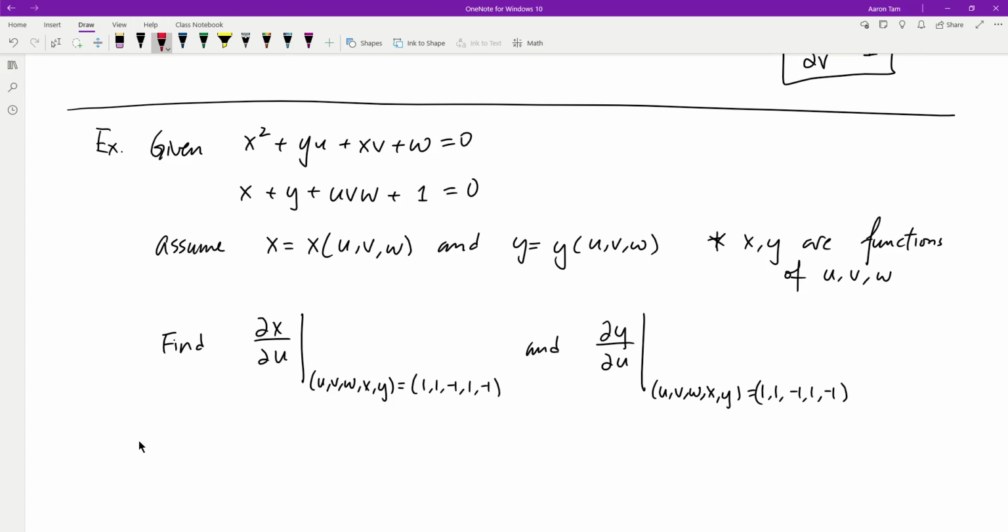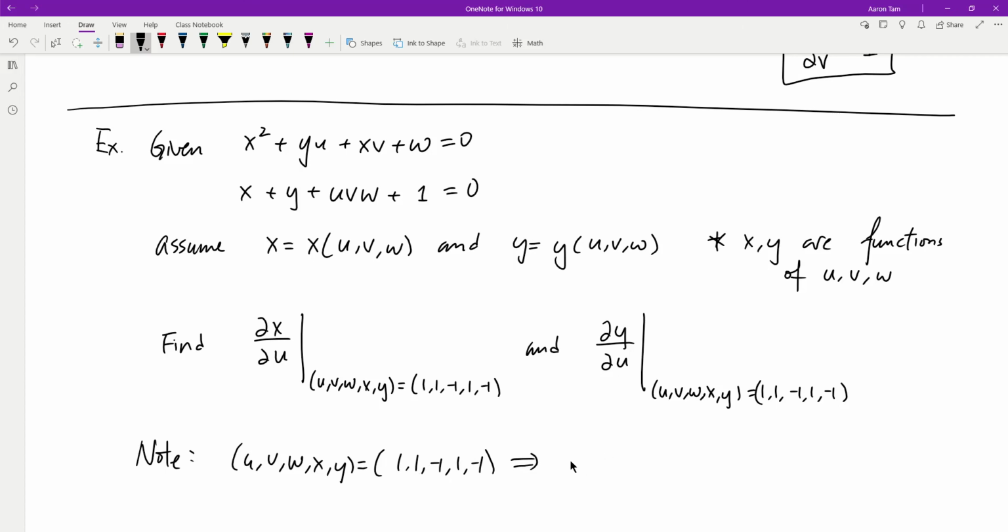I do want to point out the following notes. Notice that I could also give you this: uvwxy equal to 1, 1, negative 1, 1, negative 1.